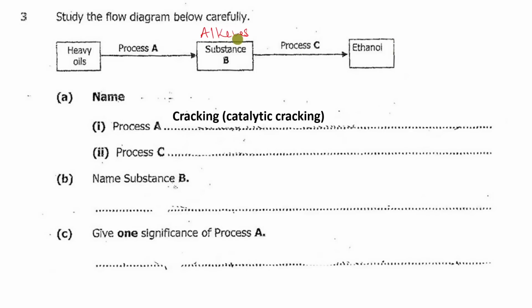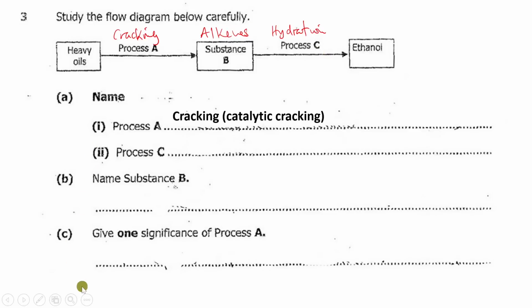So what is this process leading to the formation of ethanol? This is hydration. If you hydrate, you add water. So this is cracking, and this should be hydration, where you add water.